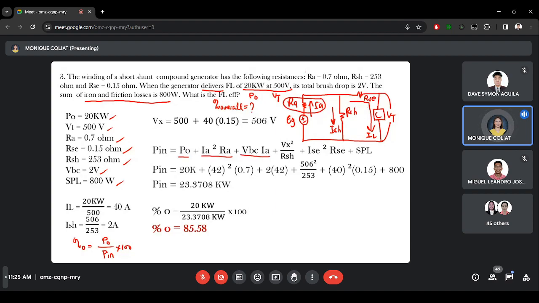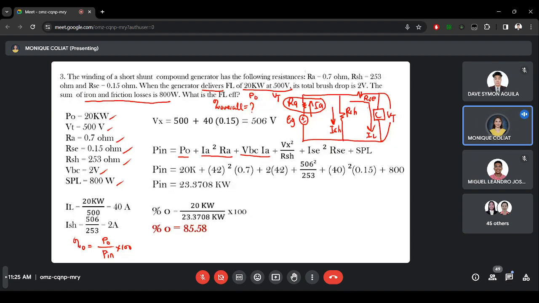Why do we need to get VX? Because the terminal voltage here is not equal here anymore, since we have RSE in series with the load. So you have to get the voltage across RSH. That's why we have VX here.